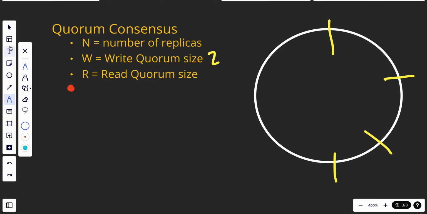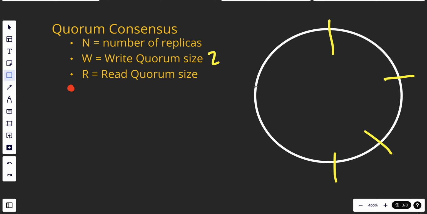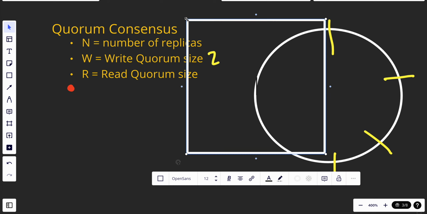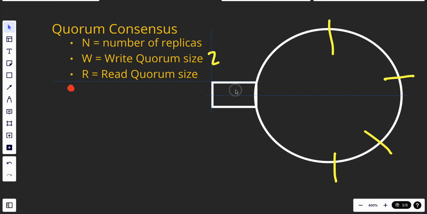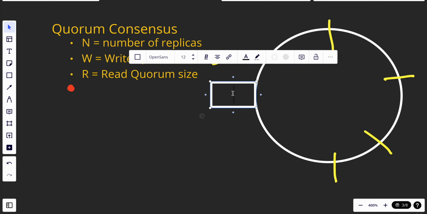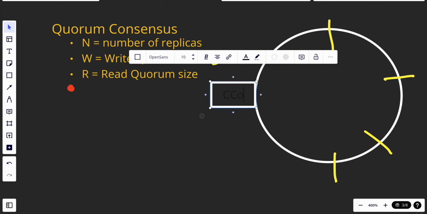Let's add a shape, and let's say that this is a coordinator, and I want it to be white. Coordinator. Okay.